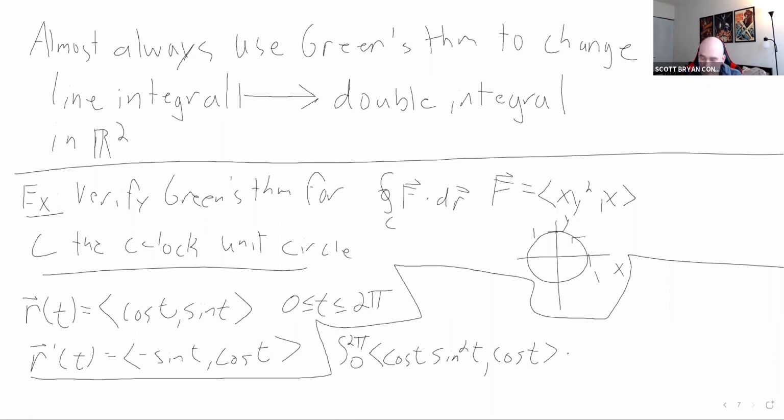So that's our vector field f now. And then we dot that with r prime of t, so that's negative sine t, cos t, dt. And we get the integral from 0 to 2 pi, taking the dot product, so we get negative cos t sine cubed t plus cos squared t.